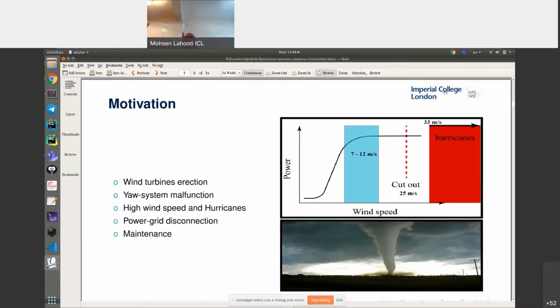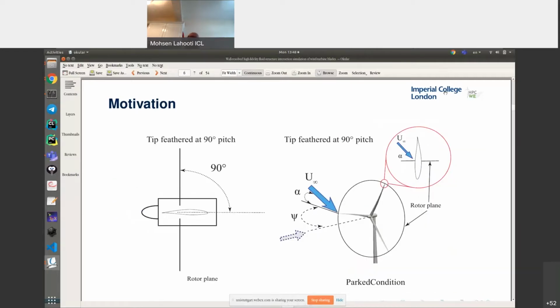Situations such as yaw system malfunction, the yaw system being responsible for aligning the rotor to the incoming wind flow, high speed wind conditions, or hurricanes or cyclones. We have alternating wind velocity, so the direction of the wind is changing. In this condition, the turbine is shut down and put into a condition called standstill or parked condition.